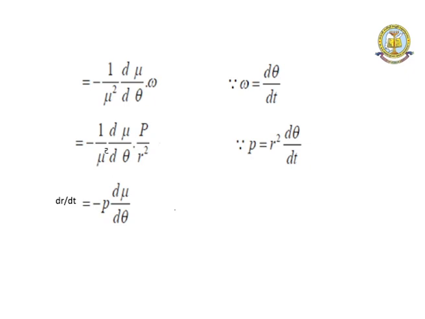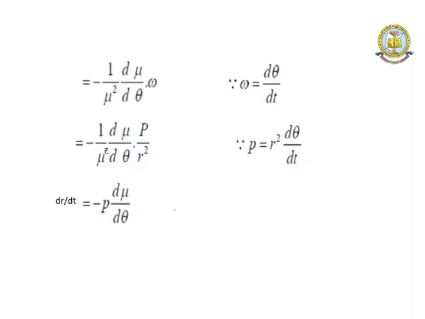Here what is r² into dθ/dt? That is the transverse acceleration. Transverse acceleration means 1/r d/dt of r² into dθ/dt is equal to a constant value, that is equal to 0. Then r² into dθ/dt is equal to p, that is the p is the constant value.